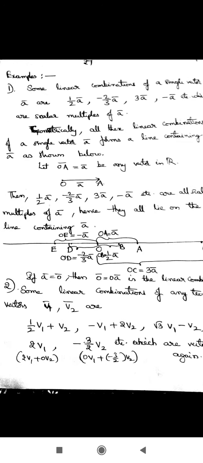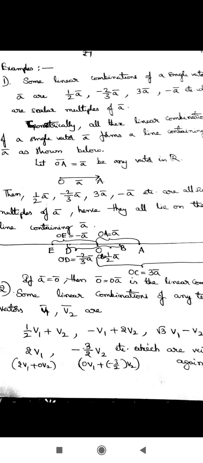And now the second example of linear combination I want to give is related to two vectors. So take two vectors v1 and v2 and let us have some linear combinations of them. As I have mentioned, when we vary the scalars c1 and c2, we can get an infinite number of linear combinations of the same set of vectors v1 and v2.